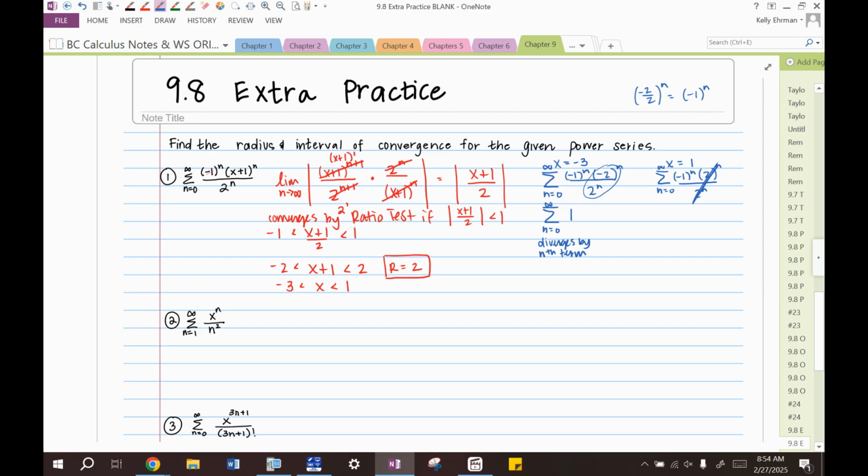It'll either be 1 or 0 or something. So this also diverges by the nth term test. So our final interval of convergence is just any x value between negative 3 and 1, but not including those endpoints. If you want to use interval notation like parentheses, negative 3 to 1, that's okay too.